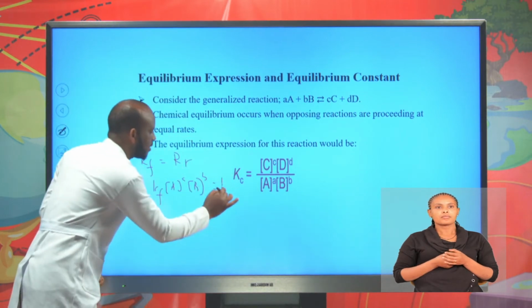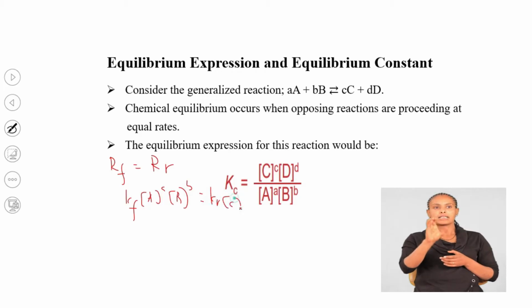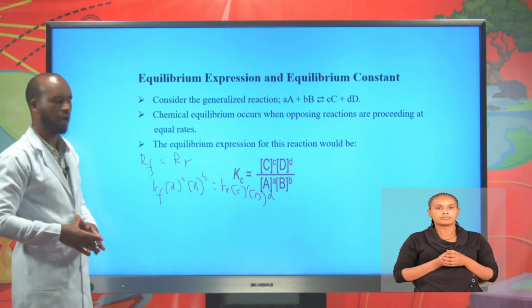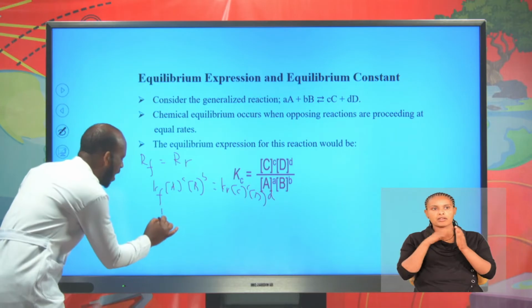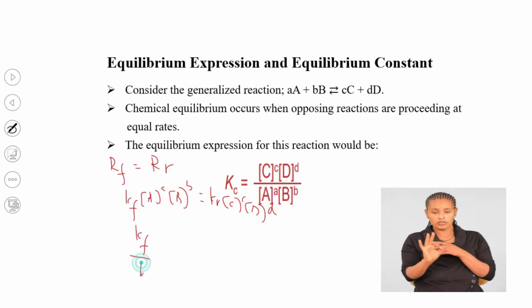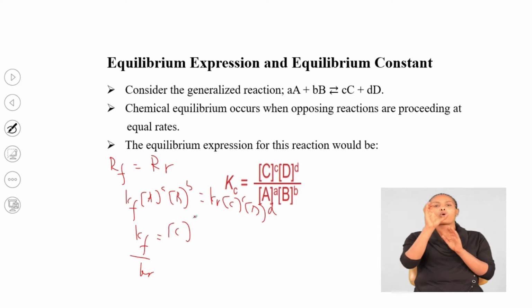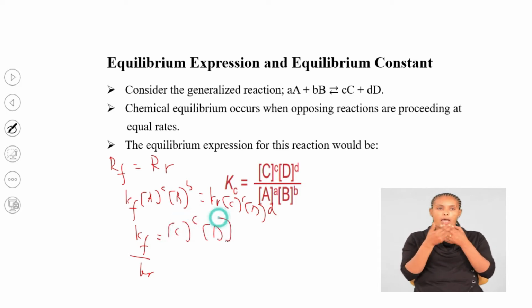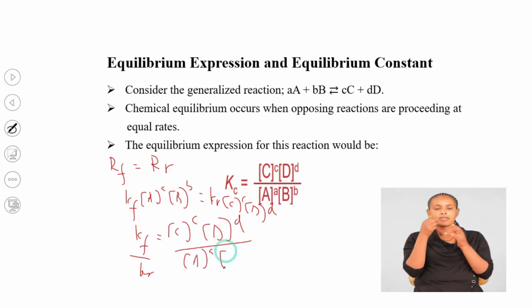K reverse times concentration of C to the power of c times concentration of D to the power of d. We can write this as K forward divided by K reverse equals concentration of C to the power of c times concentration of D raised to d, divided by concentration of A to the power of a times concentration of B raised to b.